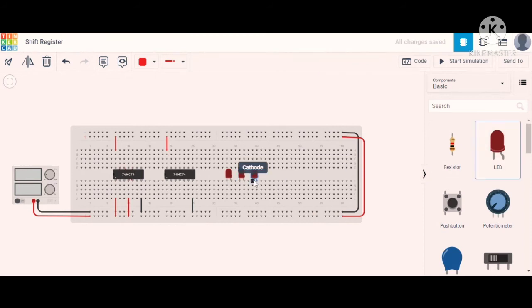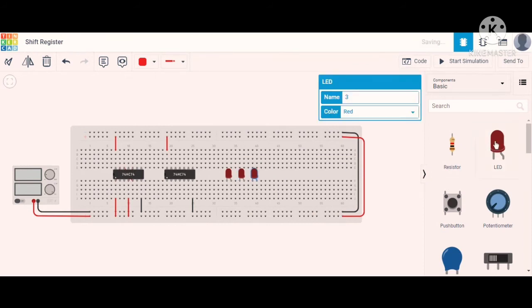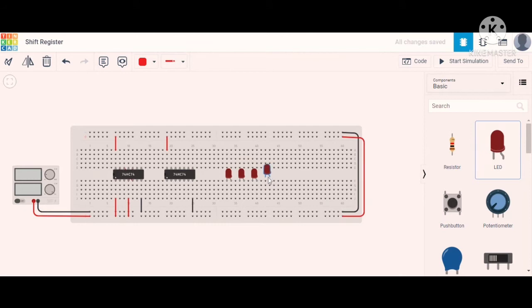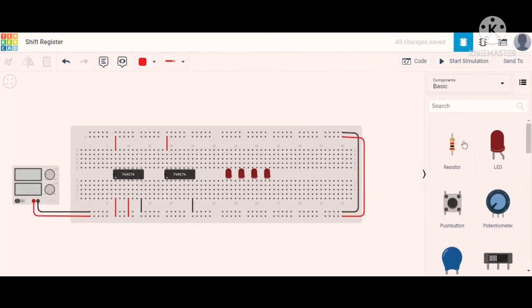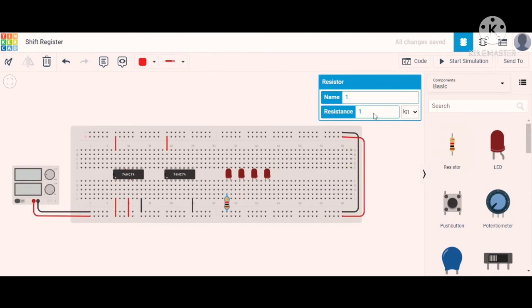Actually we are using a 4-bit shift register, so that's why we are using the 4 LEDs, and this is the resistance. You give the value of this resistance as 220 ohm.